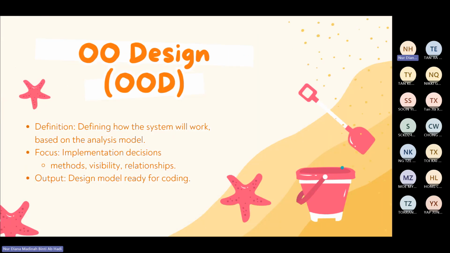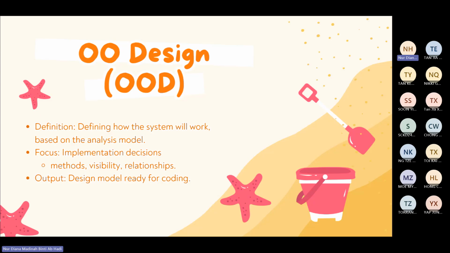Once you have your analysis, only then you start to do your design, object-oriented design, which will show you how your system will work based on your analysis model just now, okay? Based on your IPO, you can design your system.